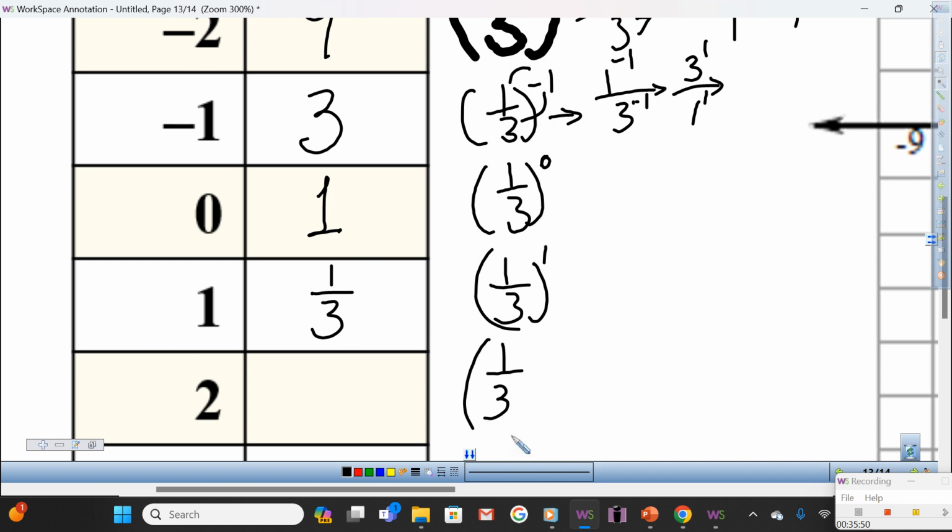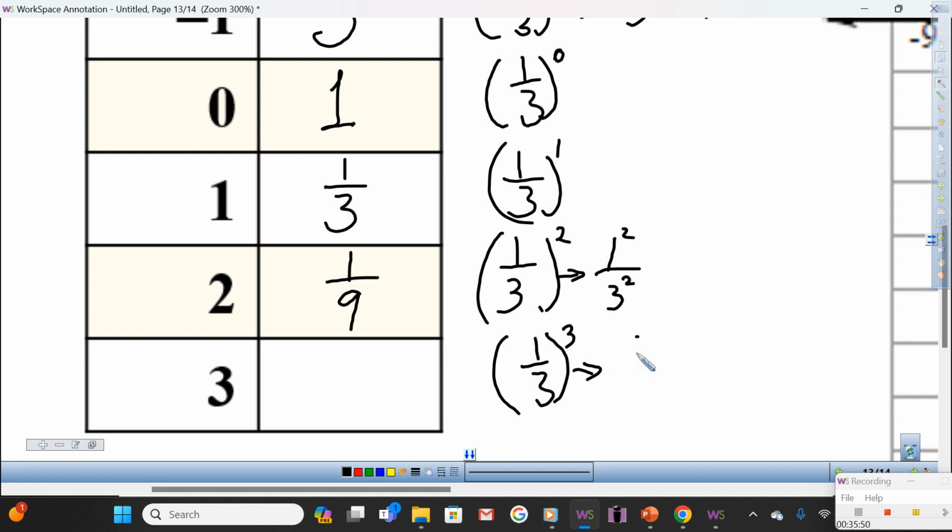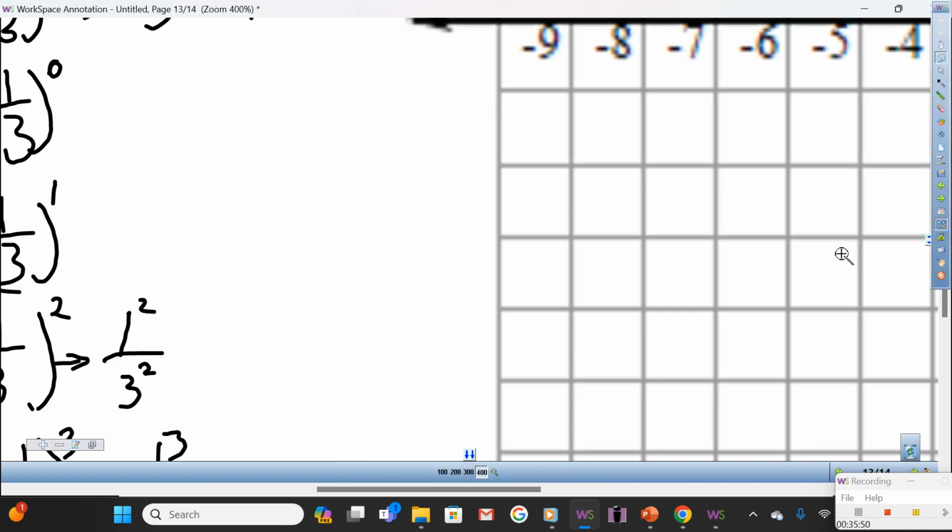And then what is 1/3 to the second power? 1/9. That is correct. And 1/3 to the 3rd is 1 to the 3rd over 3 to the 3rd, which is 1/27.